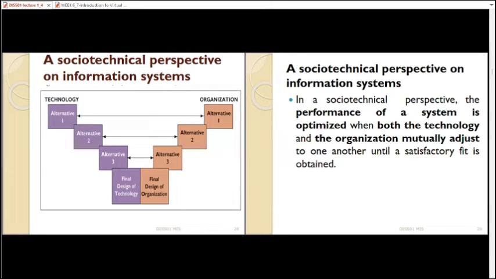Now, if you look at the figure that we have here, when we are doing our own research from the technology perspective, how does it affect the organization? Do we have alternatives? Like alternative A, alternative 1, 2, 3, and probably at the end of it all you are able to make a decision, because when you're coming up with a decision, in most cases we come up with different alternatives.